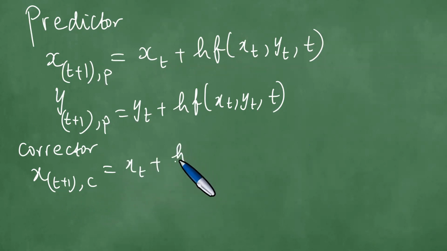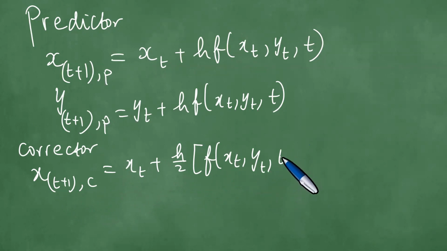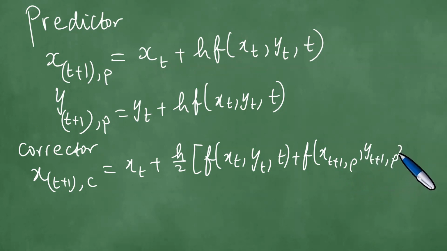Xt plus h over 2, so you have f of xt, yt, t, plus f of x at t plus 1, p, y at t plus 1, p, t plus 1.